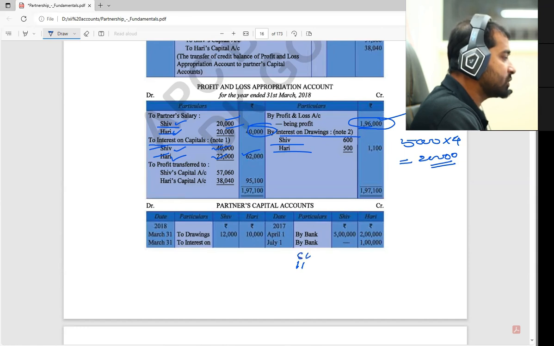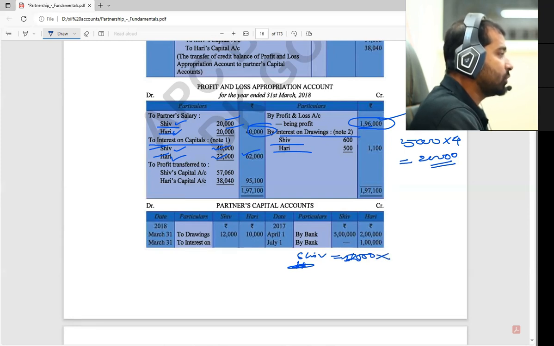The drawings are also given for Hari and Shiv. For Shiv, how much was the drawings? 12,000 rupees taken as drawings.